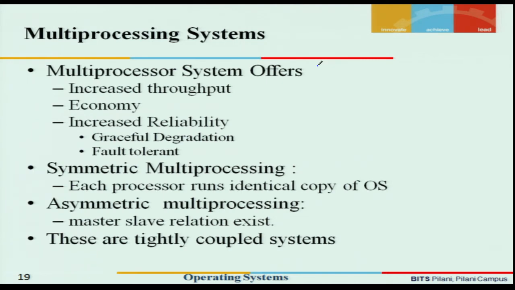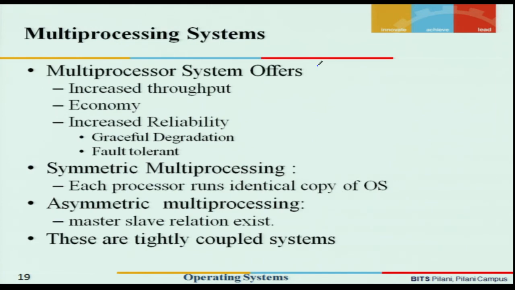I would even go on to say that it can offer me a greater reliability. I have two processors which are executing various jobs in a machine, and let us assume that one of the processors fails. We can design a system where even when one processor fails, the machine keeps executing with the help of another processor.